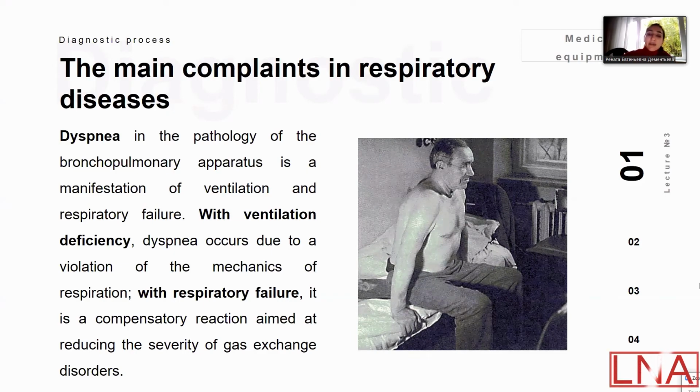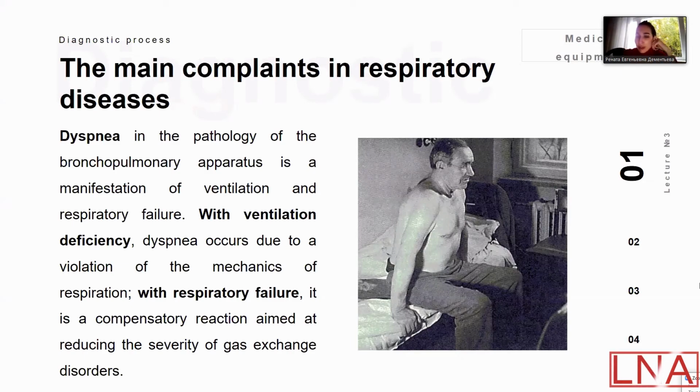In case of respiratory failure, it's a compensatory reaction aimed at reducing the severity of gas exchange disorders. So, ventilation deficiency or ventilation failure is due to a violation of the mechanics of respiration, while respiratory failure is a compensatory reaction reducing the severity of gas exchange disorders.